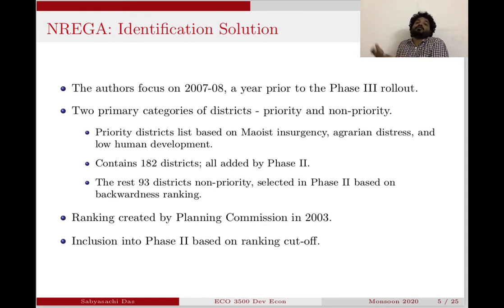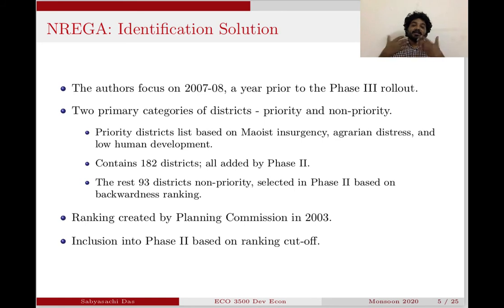The question was which non-priority districts to choose, and they said, okay, there is this backwardness ranking lying around in the Planning Commission, let's use that. So basically they started from the lowest ranked districts, and they went up till they filled the slot.